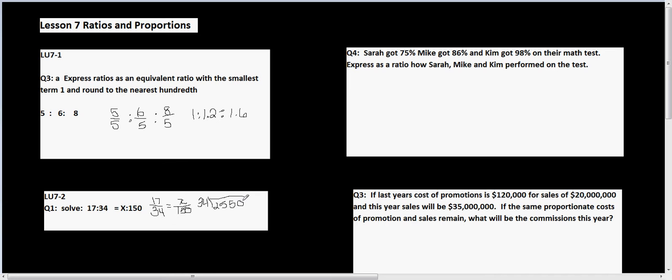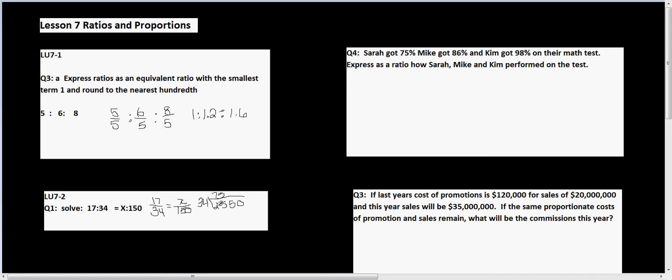Okay, so 34 goes into 2550 75 times. So we find out that x equals 75.